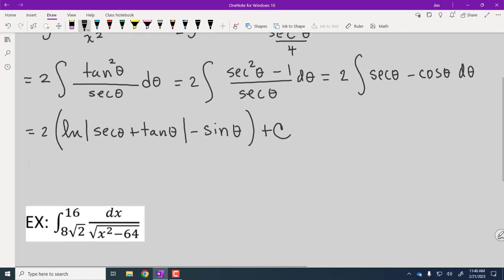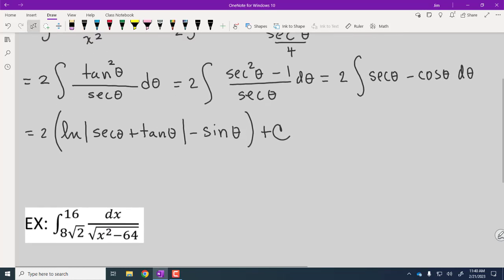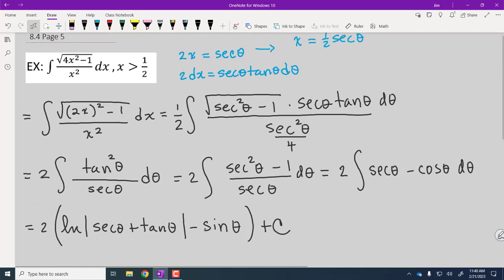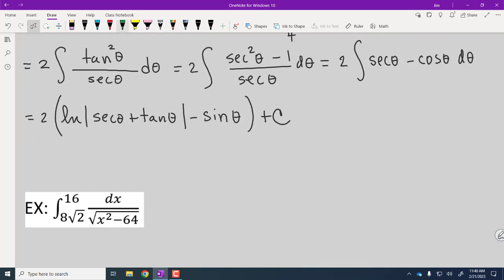And now we just need a portal to get back to the original variable. Original variable is x. There's our substitution. Secant of theta is 2x. So let's come over here. Secant of theta is 2x.